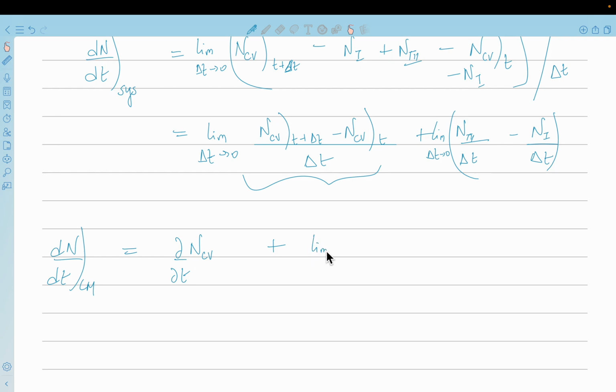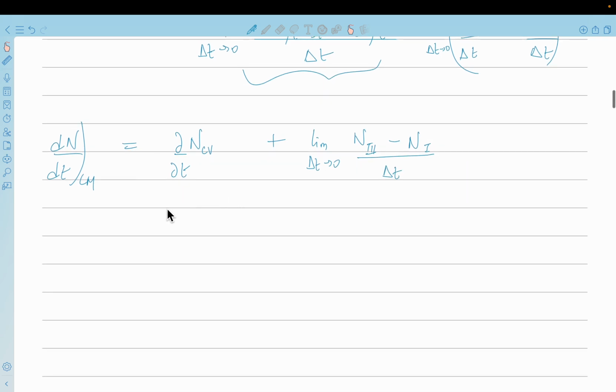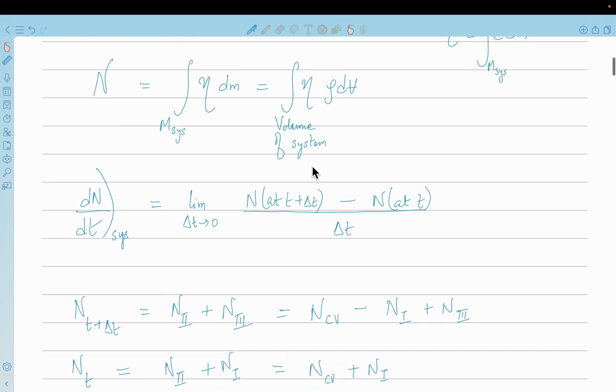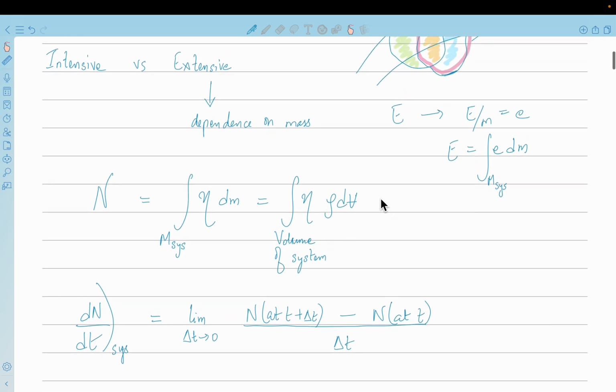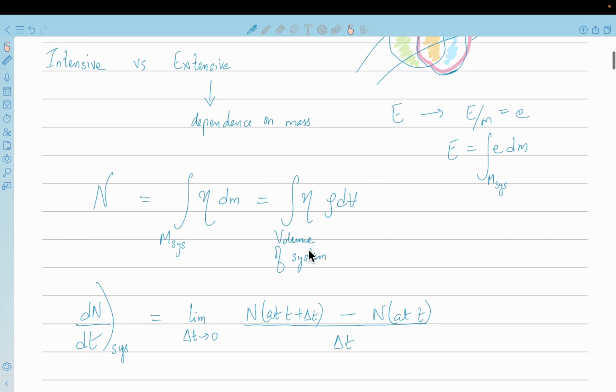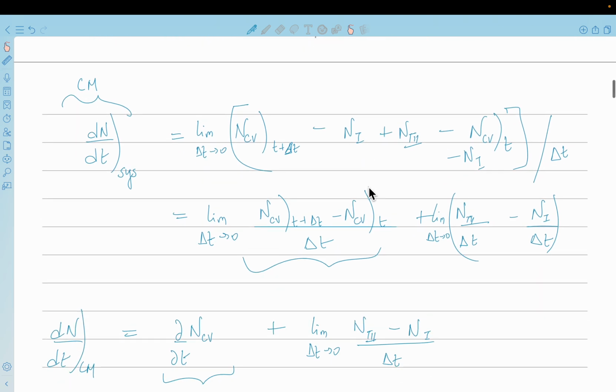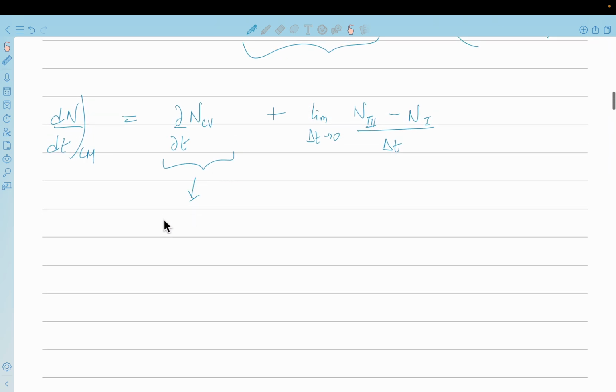We have the limit delta t tends to 0 of the N3 term minus the N1 term divided by delta t. And what is this term? NCV is N contained in the control volume, and that is what we wrote over here. So we can replace this term alone as dou by dou t of the integral of eta rho dV, integral over the volume of the system.